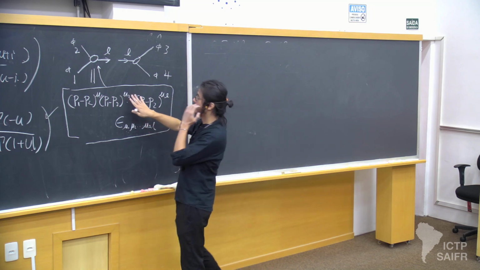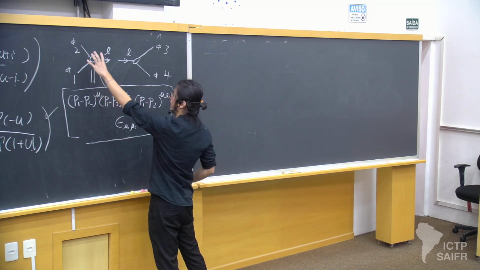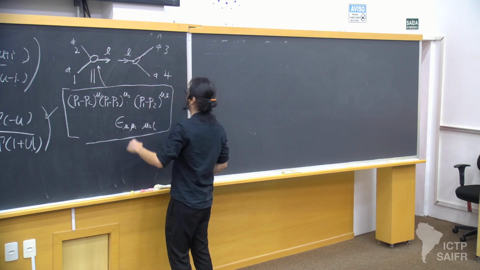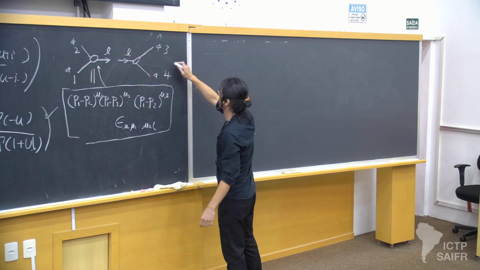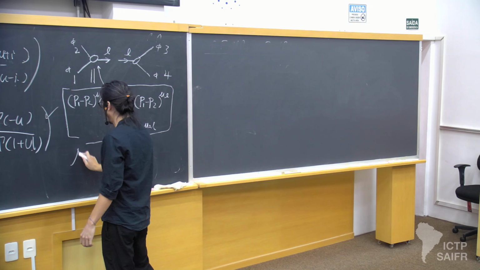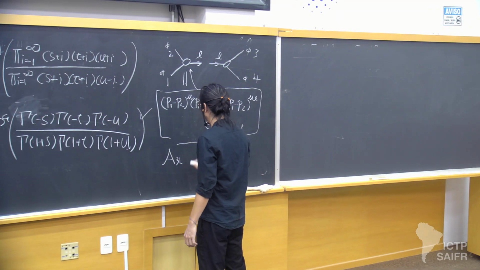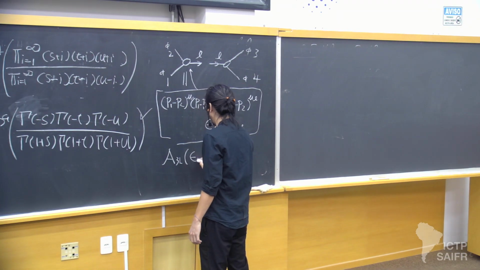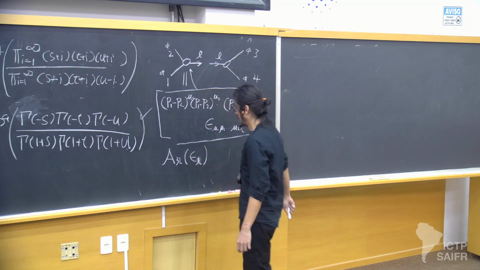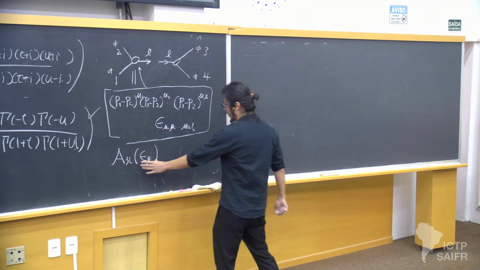So if you have this as your unique amplitude, and you plug it in here, let me call this A3 left, which depends on epsilon left, or this is A3 left contracted with a spin-L state.